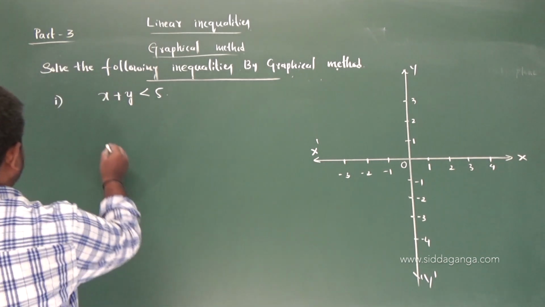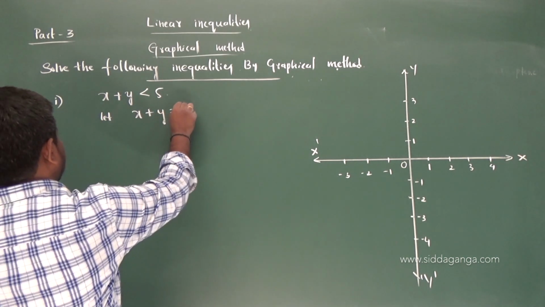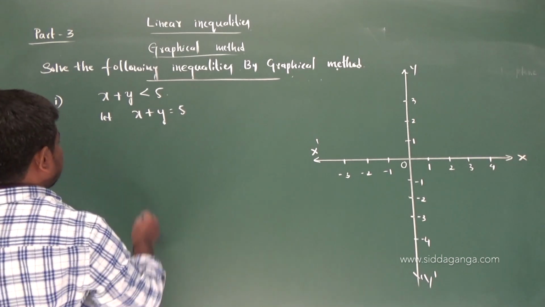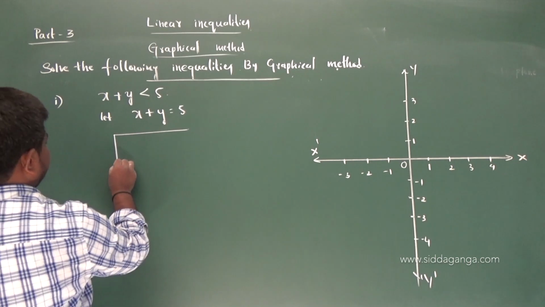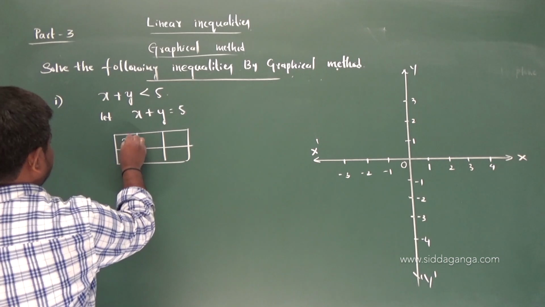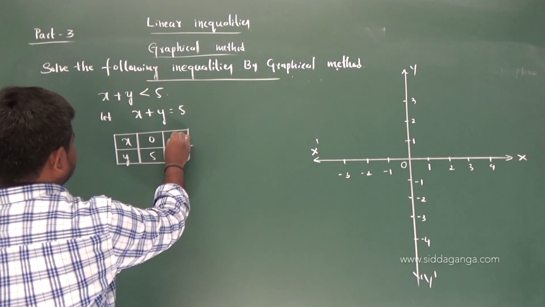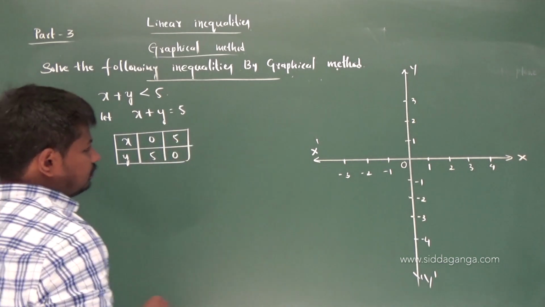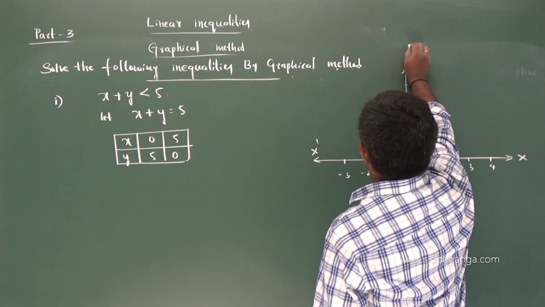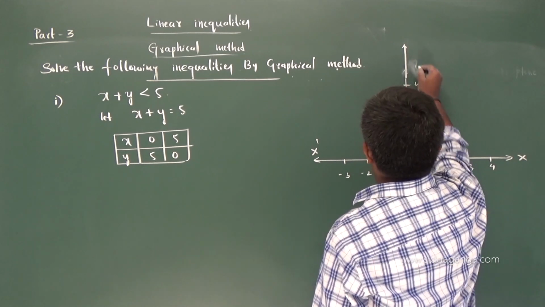The first thing you have to do is let x plus y equal to 5 to consider a line first. When x is 0, y becomes 5. When y is 0, x becomes 5.